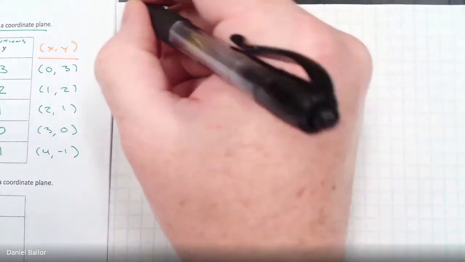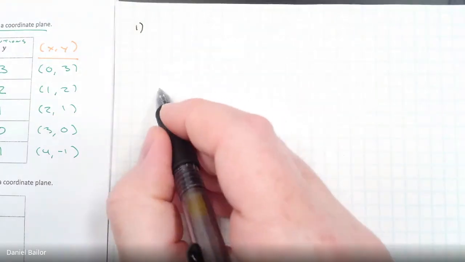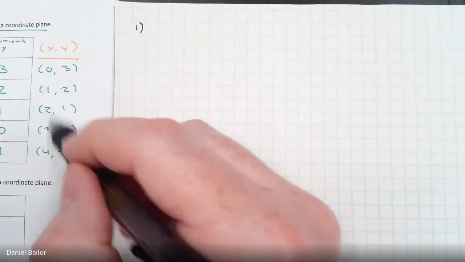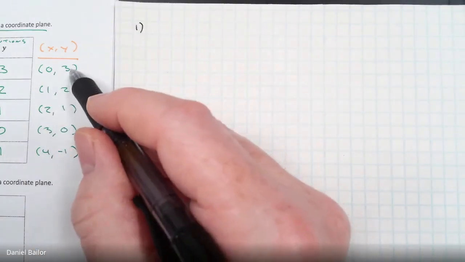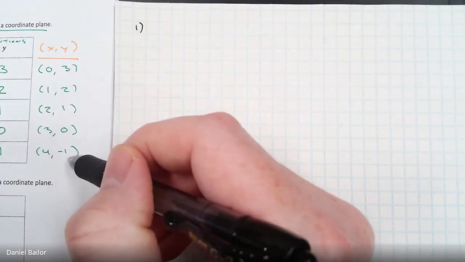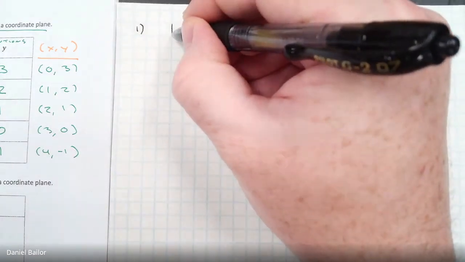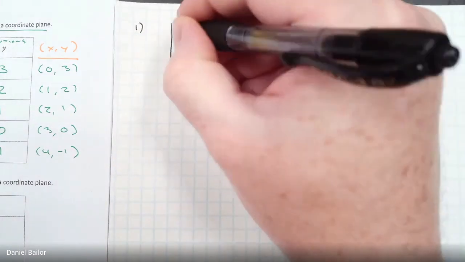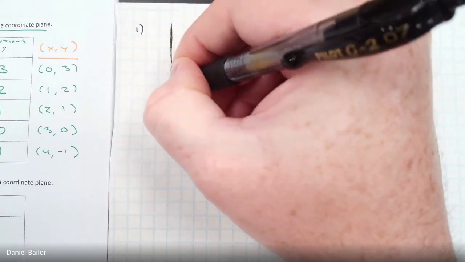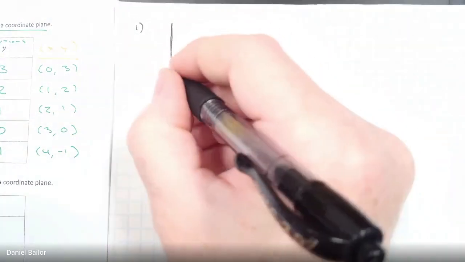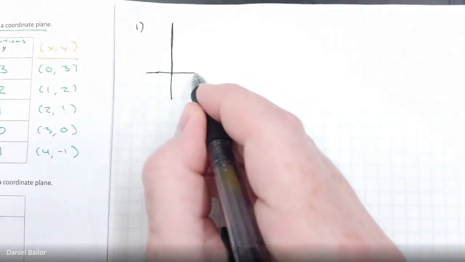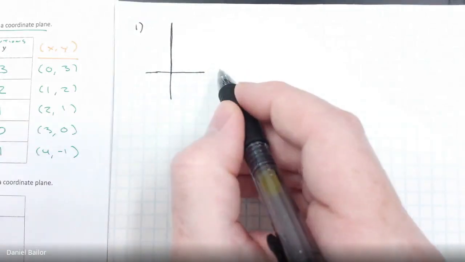So this is exercise 1. So my x's go from 0 to 4, and my y's go from 3 to -1. So I'm going to go right here. I'm going to go a little bit above. So I make a plan for my y's, and I make a plan for my x's. And this is where it might take a little bit of practice with you.